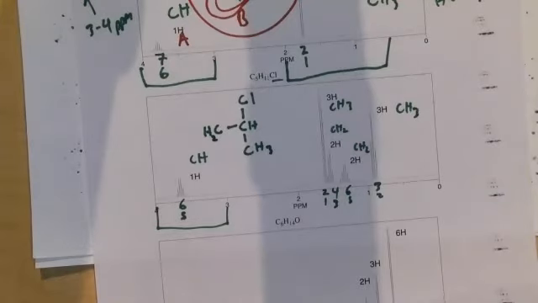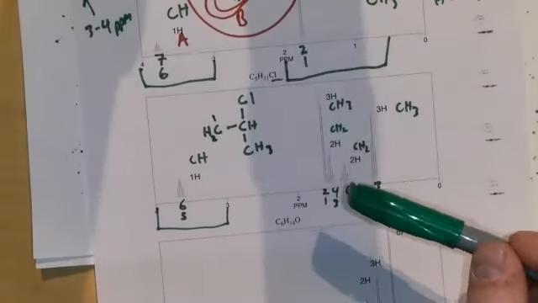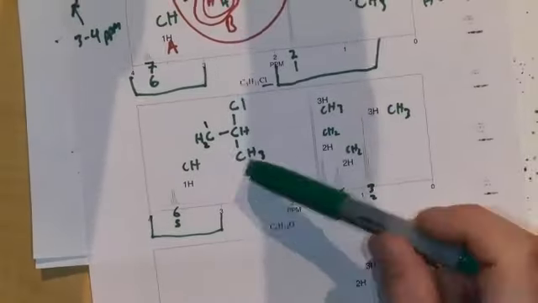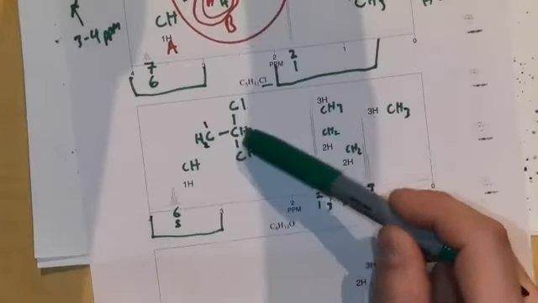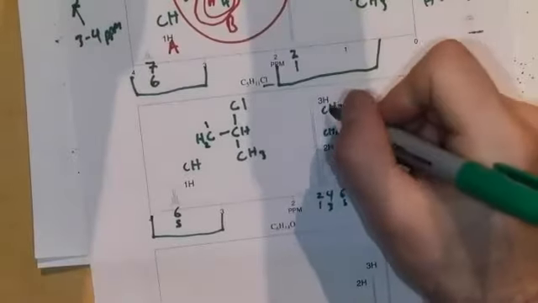We can kind of take a look at our CH3s and CH2s and see which ones fit. So it generally works right to left. We'll kind of see. So this CH3, which is now completed, should have 1 neighbor to it because it's just next to this CH here. This one has 1, so we can kind of cross this guy out.